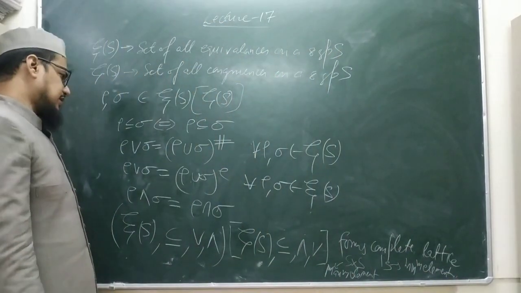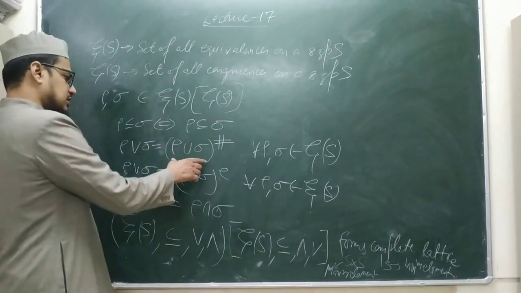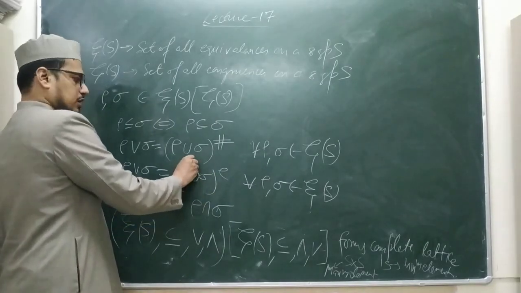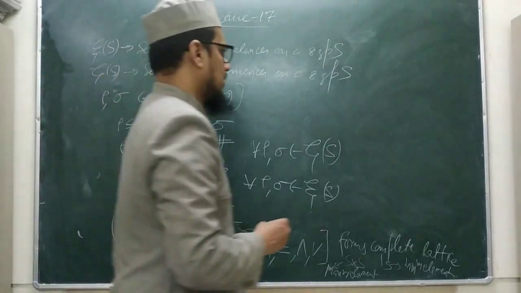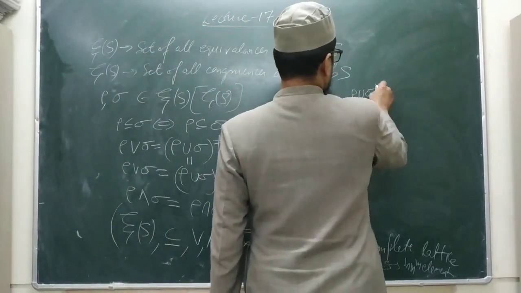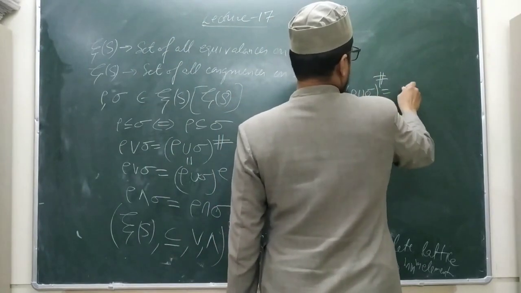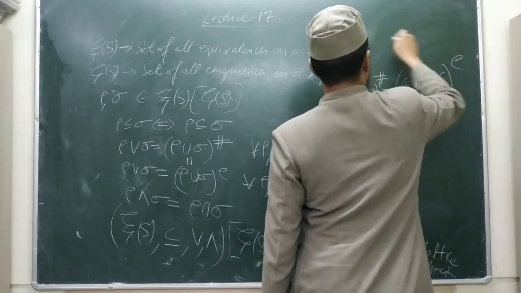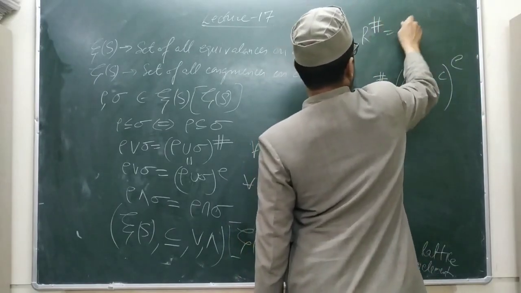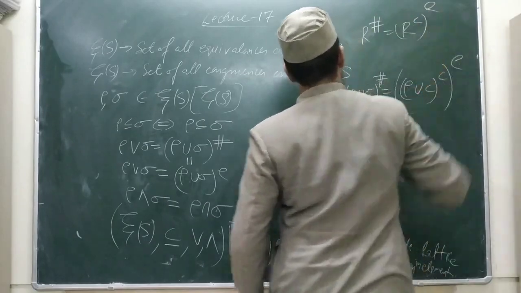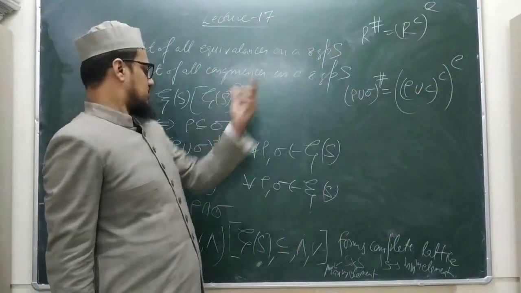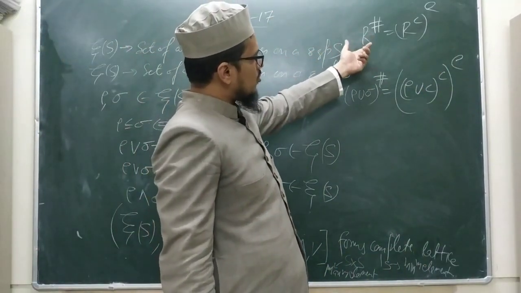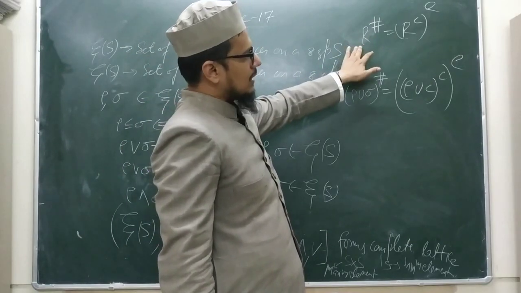Now it is very interesting to see that these two are equal to each other. How? Let's see. Rho union sigma hash is defined as rho union sigma C E. As we know, R hash is R C E. Basically, R hash is the smallest congruence on S containing R, correct?